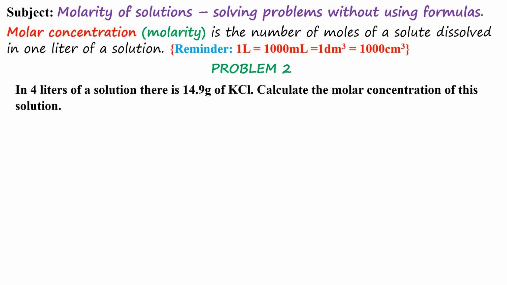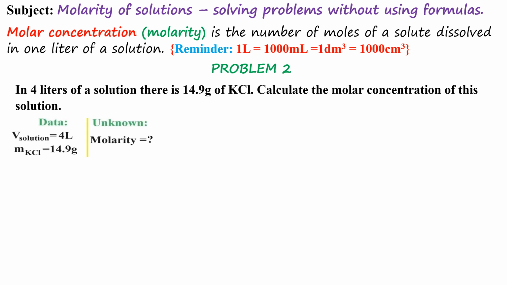Now, problem number 2. In 4 liters of a solution, there are 14.9 grams of potassium chloride. Calculate the molar concentration of this solution. Let's start by writing down what we know and what we need to calculate in this problem. We know already the volume of the solution and weight of salt. We are looking for molarity of the solution.